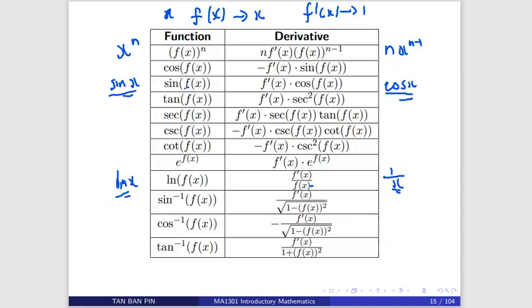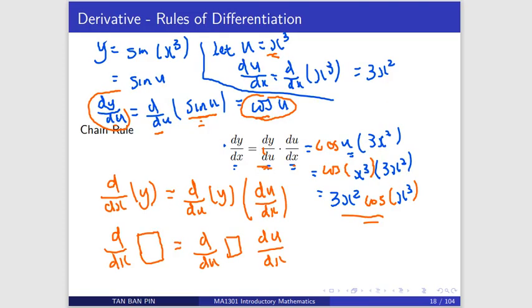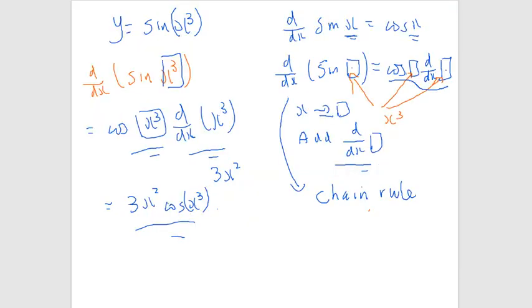So all these formulas, you can change them to box, and then you can use them easily. We will look at more examples later using boxes. So either way, you still get 3x squared cosine x cubed. So this way, you just need to replace x by box, and add d/dx of box.